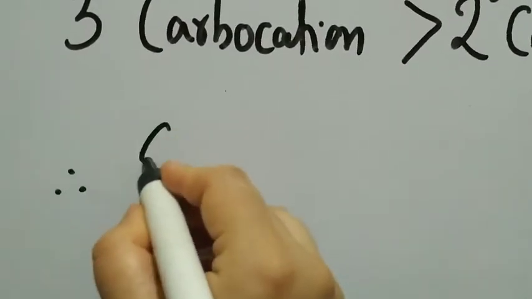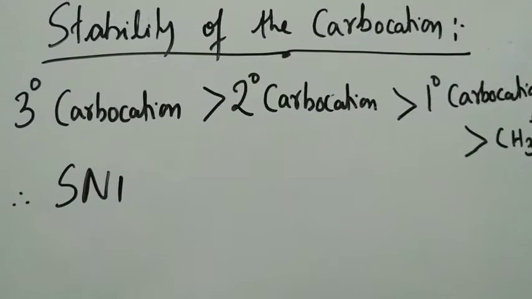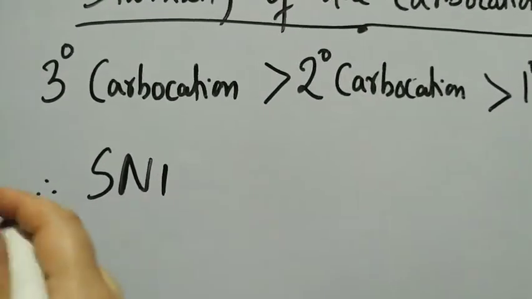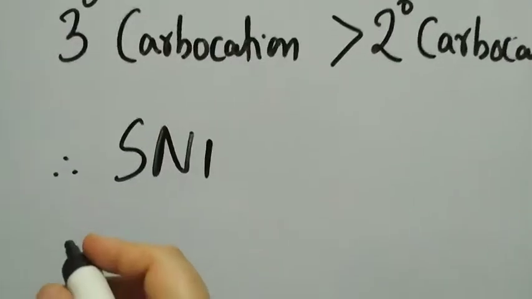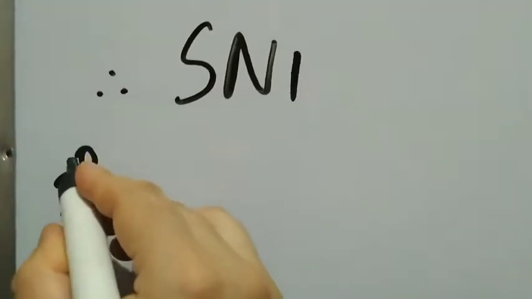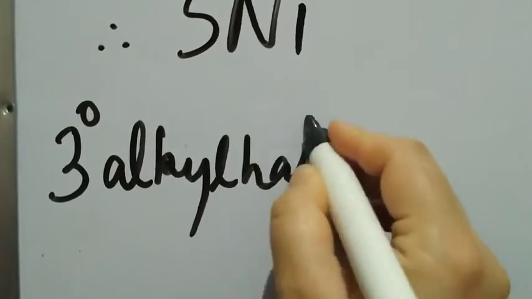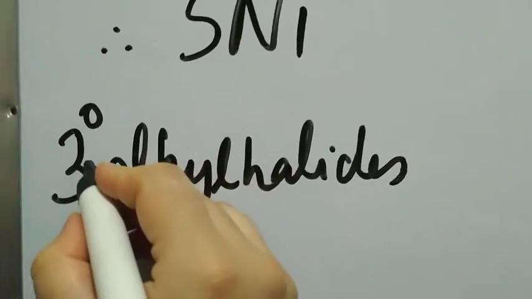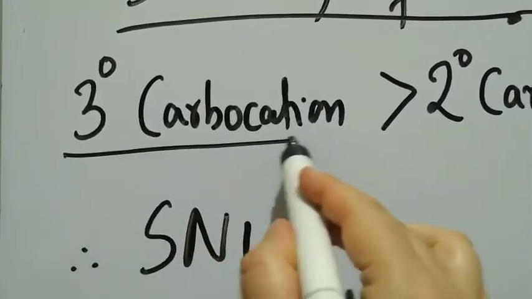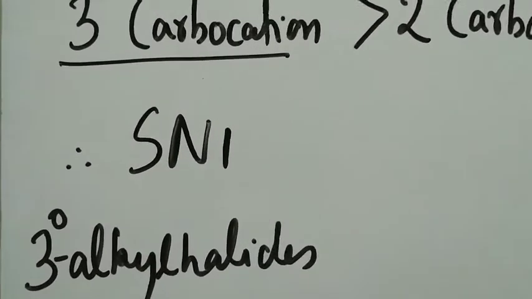Therefore, if you have to decide the order of feasibility for the Sn1 mechanism, the Sn1 mechanism is the most feasible in 3-degree alkyl halides. Because when you start with 3-degree alkyl halides, it will lead to the formation of the most stable carbocation, the tertiary carbocation.